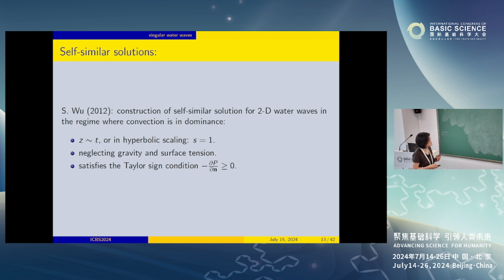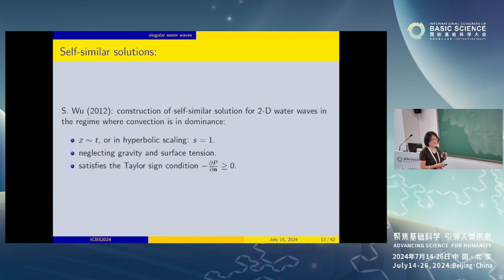So we want to understand whether there are self-similar solutions of the 2D water waves. With a wave like this, it should be where the convection is dominant. In other words, the spatial variable should scale like the time variable. So this is a hyperbolic scaling, and the velocity is dominant.